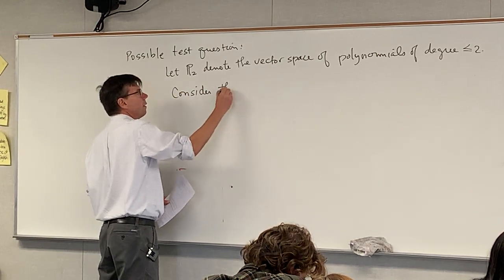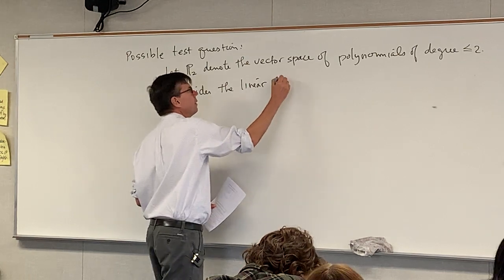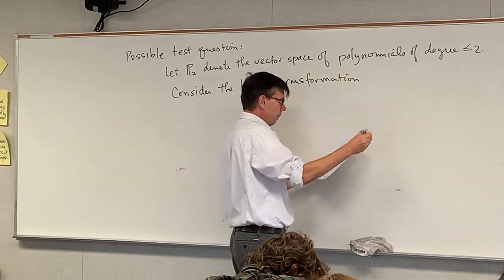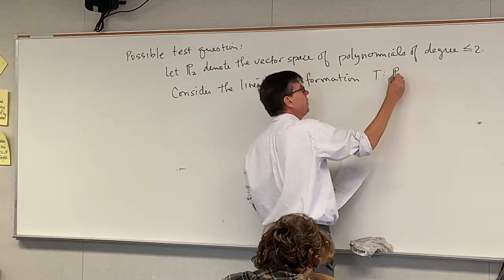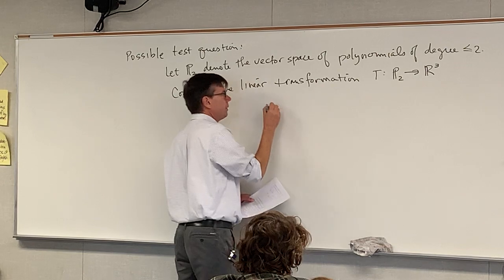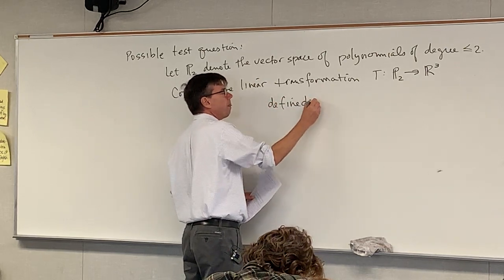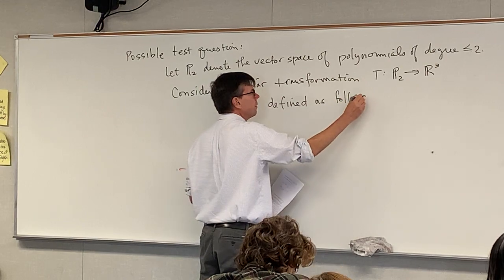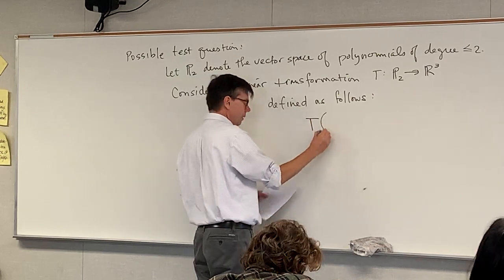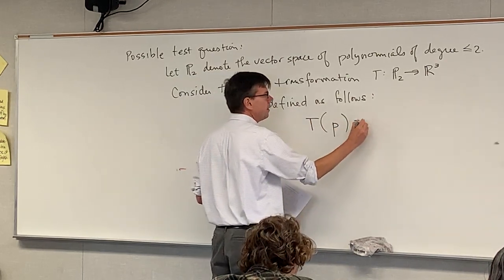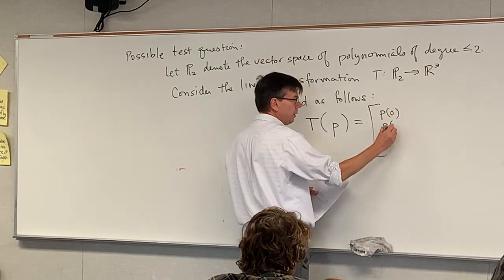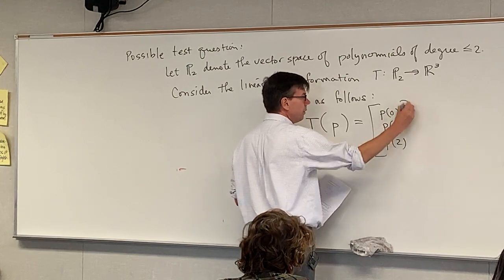Consider the linear transformation I'm going to call T from P2 to R3 defined as follows. T of P equals P of 0, P of 1, P of 2.